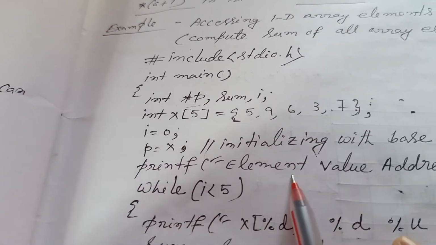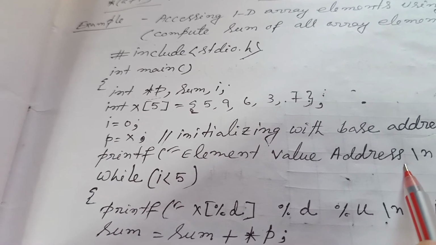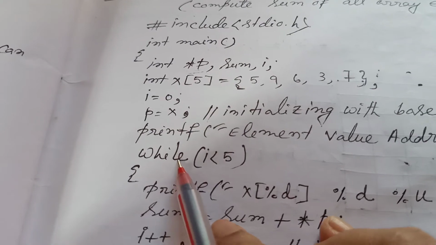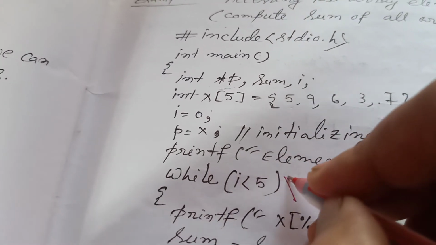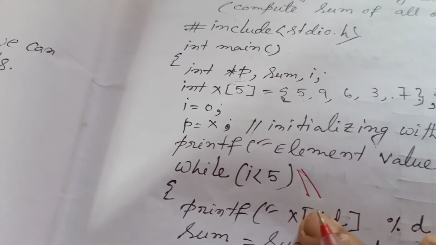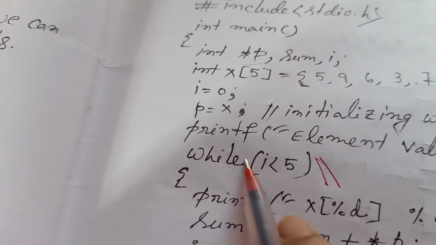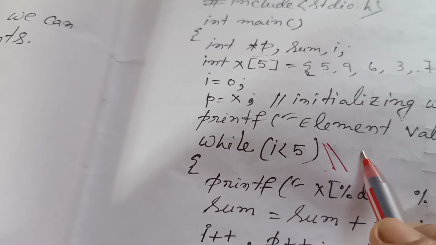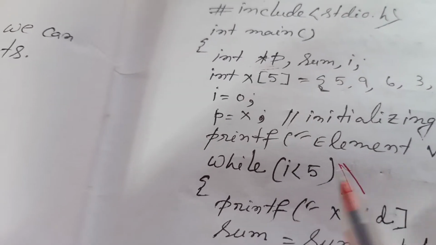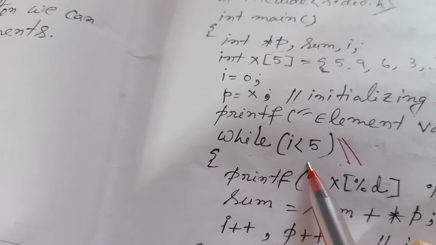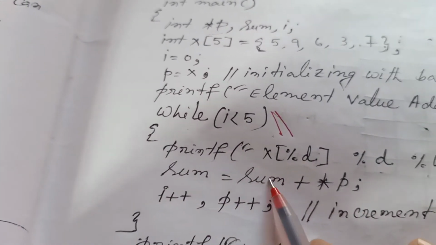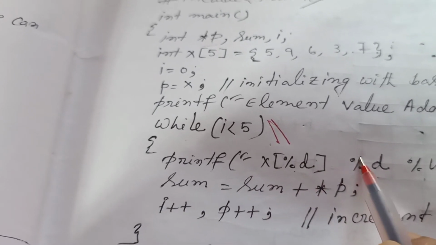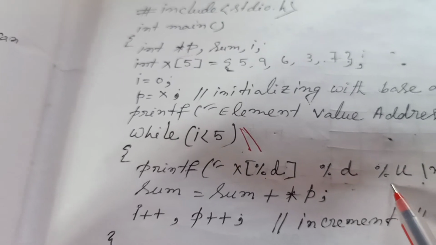Now printf element, value, address. While we are performing the same task again and again, we use a while loop; we can also use a for loop here. While i is less than 5, printf x[%d], %u.